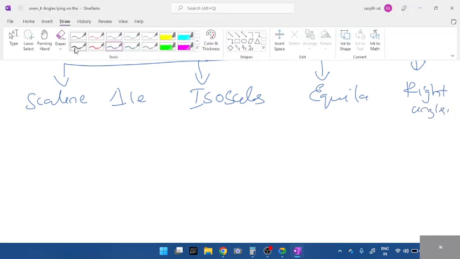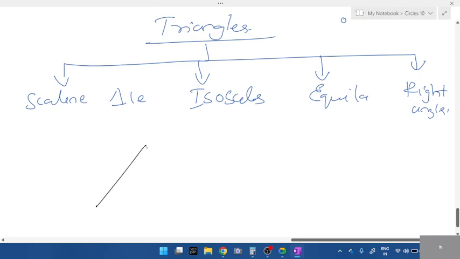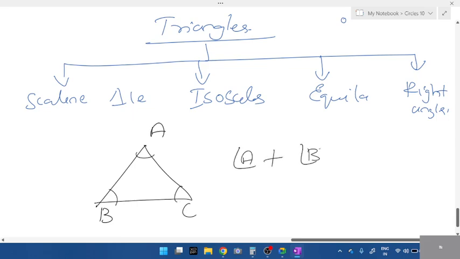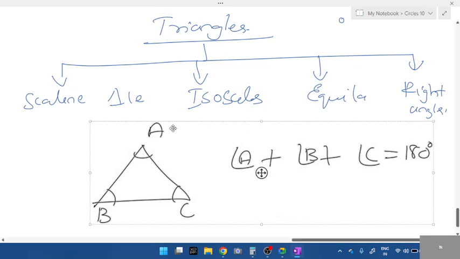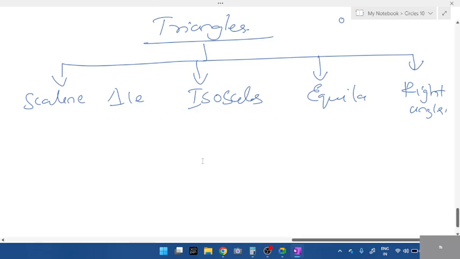Listen. Before that, if I take any triangle, irrespective of isosceles, equilateral, scalene or right angle, that doesn't matter, the sum of all three angles of a triangle, what did I tell you? Angle A plus angle B plus angle C should be equal to 180. We are aware of this. So what is scalene? In a scalene triangle, none of the sides and none of the angles are equal.